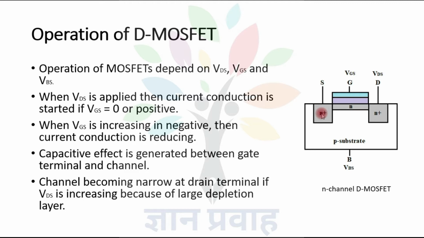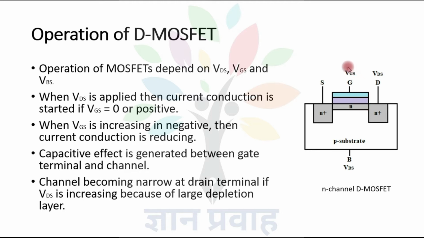In the second case, when we apply the power supply as well as VGS voltage, suppose initially the polarity of VGS voltage is positive. Metal, oxide, semiconductor: this is creating a capacitive effect. If positive charges are here, then negative charges will be present here in case of the capacitive effect.